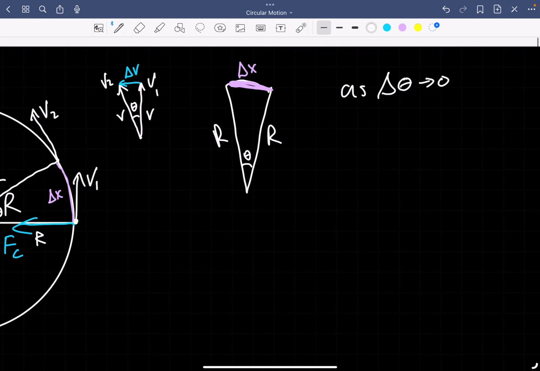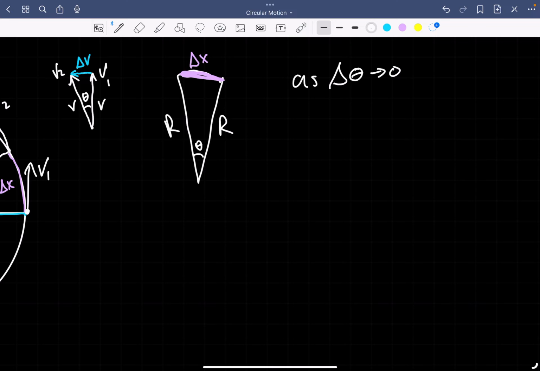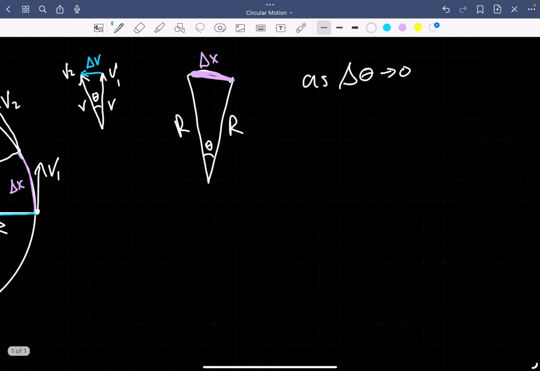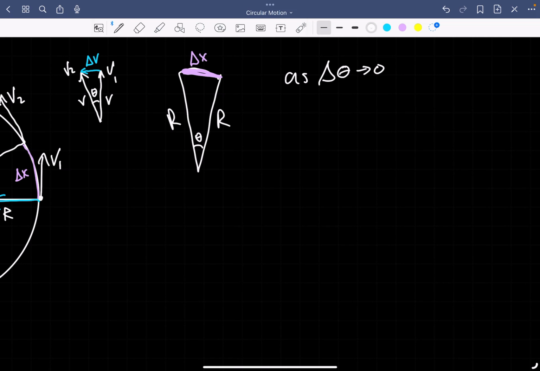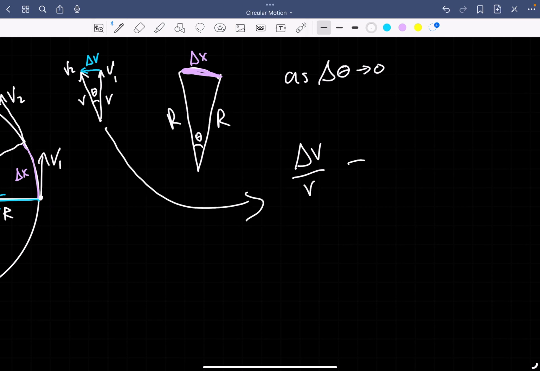So now that we have these similar triangles, we can equate the ratios of their side lengths. We know that Δv divided by v, which comes from this first triangle, is going to be equal to Δx divided by r.